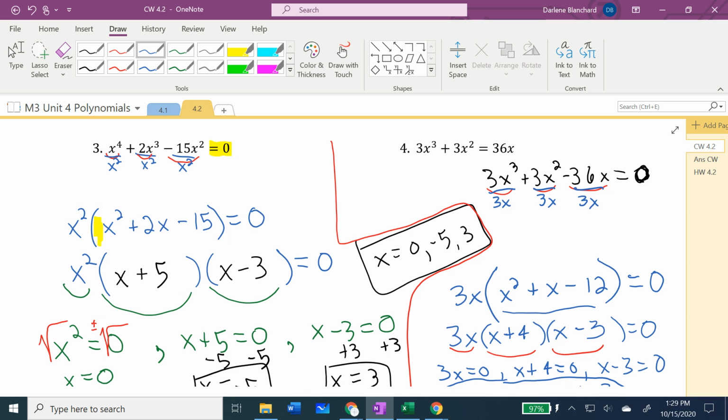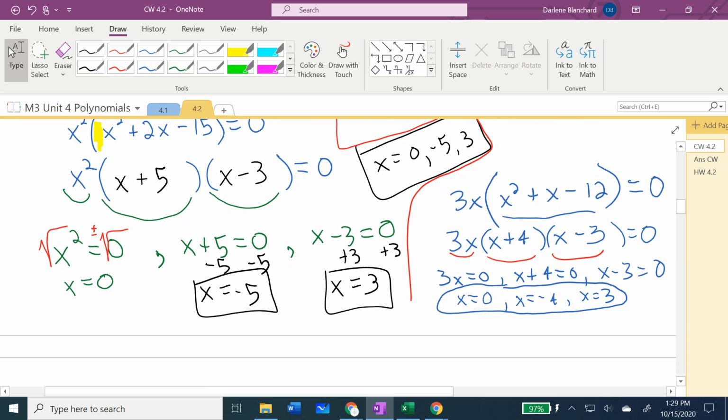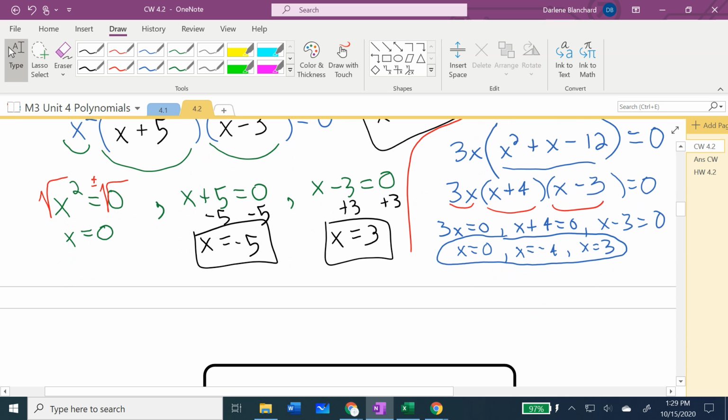Alrighty. And what's in this class? About being able to factor when it's third degree or higher. We will do a little bit of it at the end of this unit.